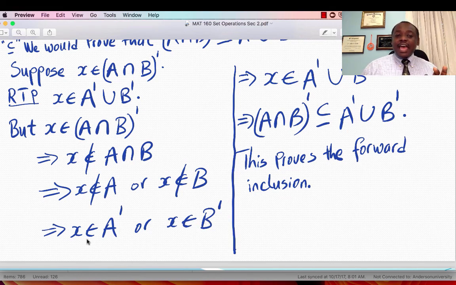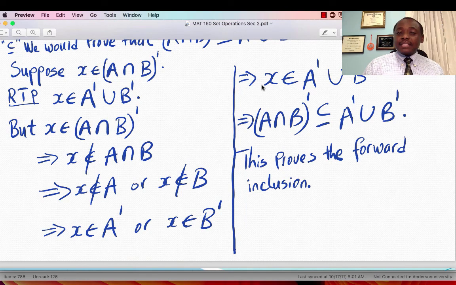But wait a minute. X is in A prime or X is in B prime. What does that mean by the definition of union? Mathematicians swear by definition. If you hear that there is a mathematician up there at the soccer field swearing, it simply means that guy is quoting definitions and standing on definitions. That is how mathematicians swear. They swear by definitions and nothing else.